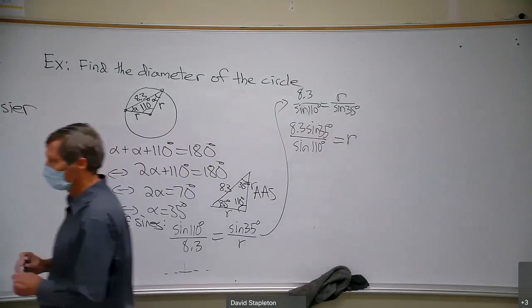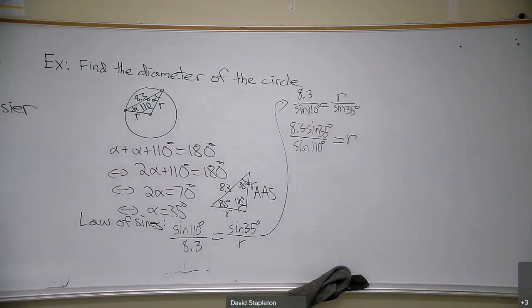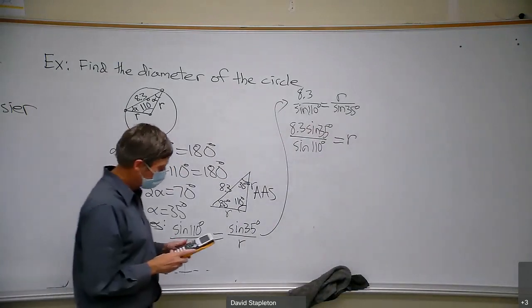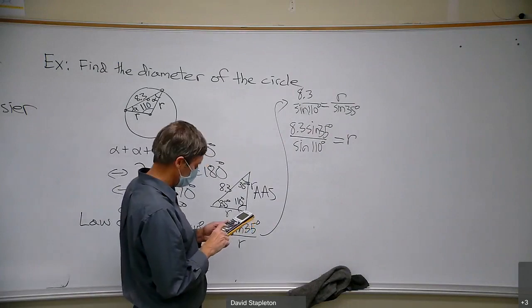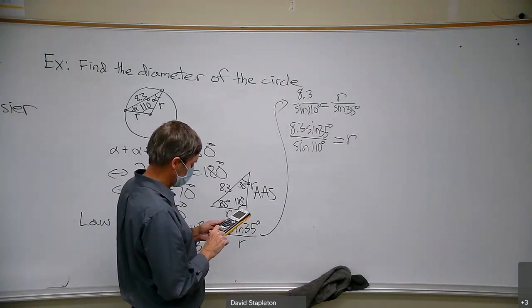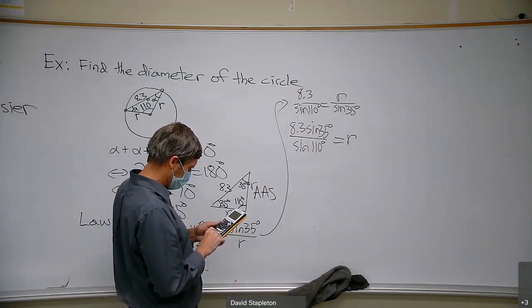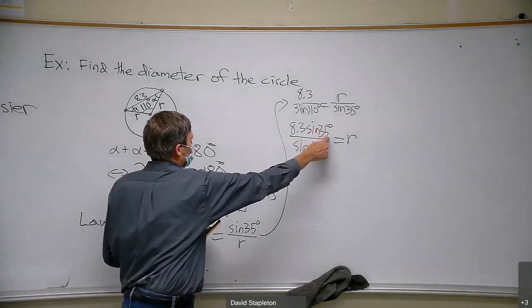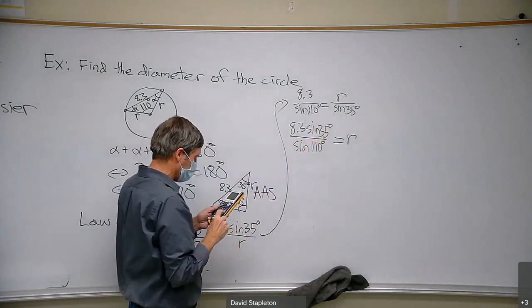Run it on my calculator: 8.3 sine 35, close. Make sure you close this parenthesis. It'll take the sine of the whole bottom also.